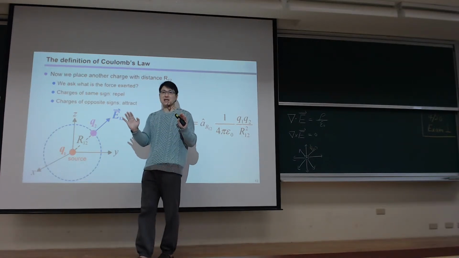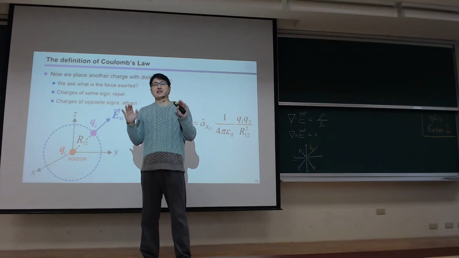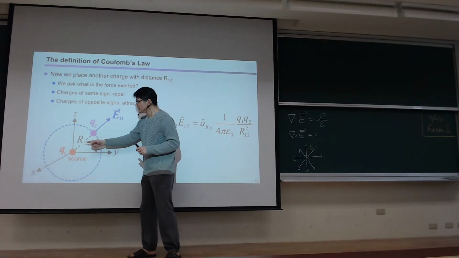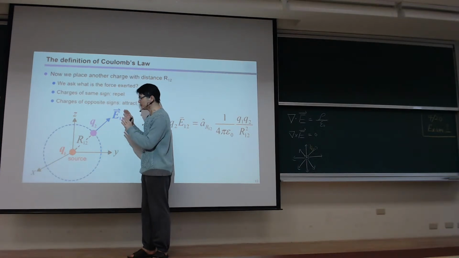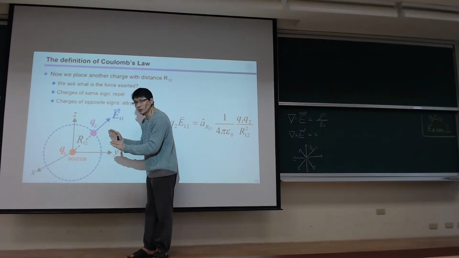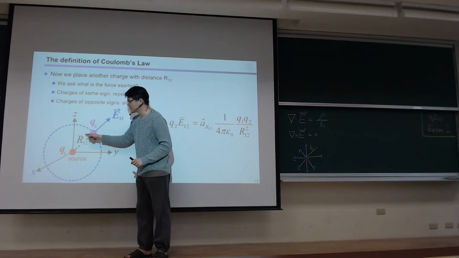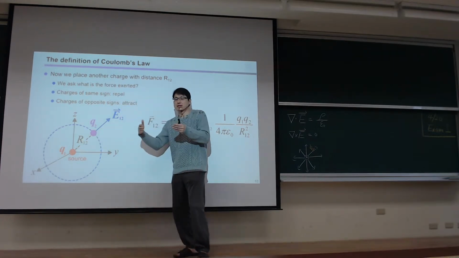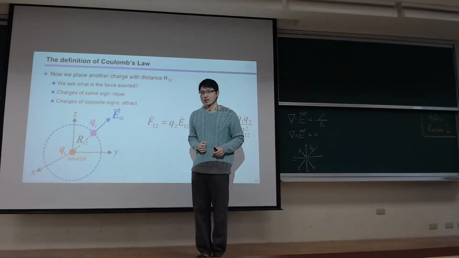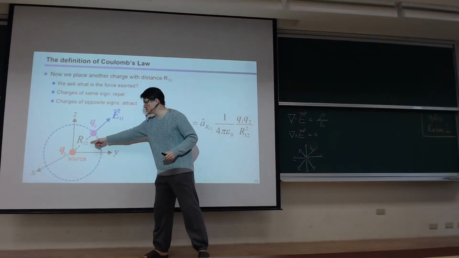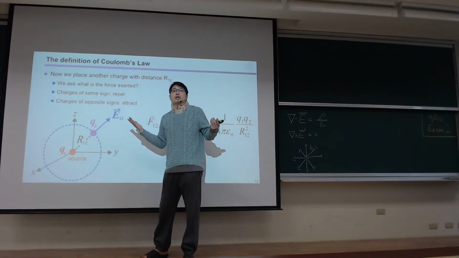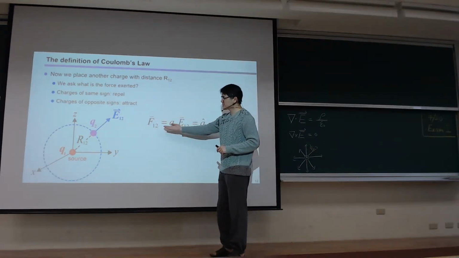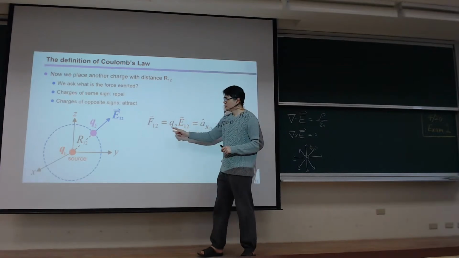Because under static assumption, nothing moves, okay? So basically, these two charges are very well behaved. They don't move. They have a constant distance of R12. And he performed experiments to measure this force by changing the distance, by changing the charge amount. So he came up with this nice equation.